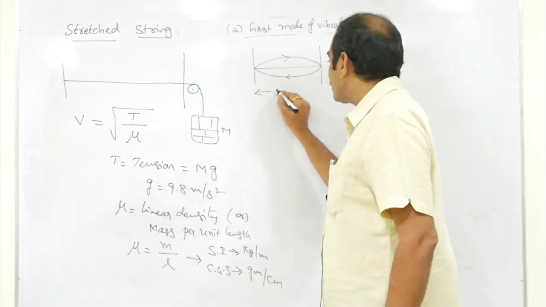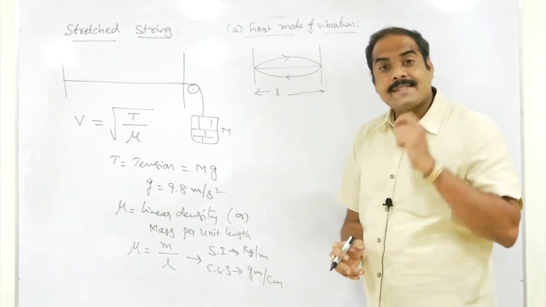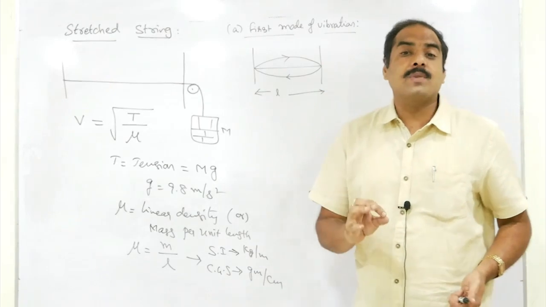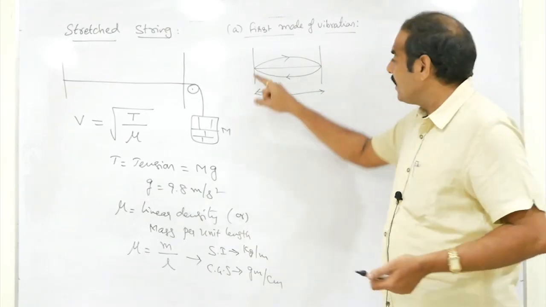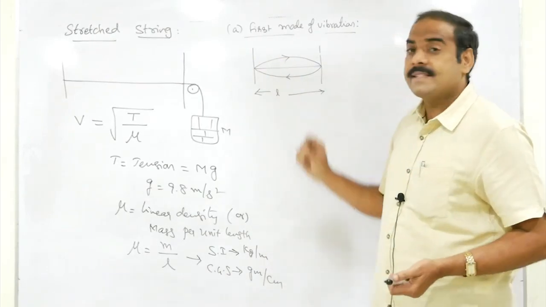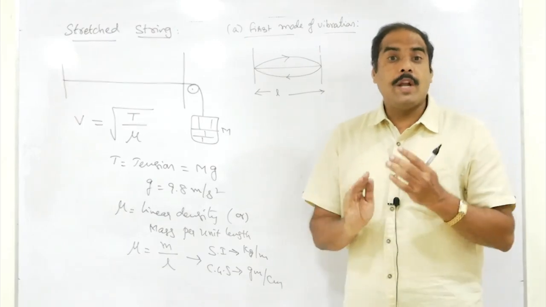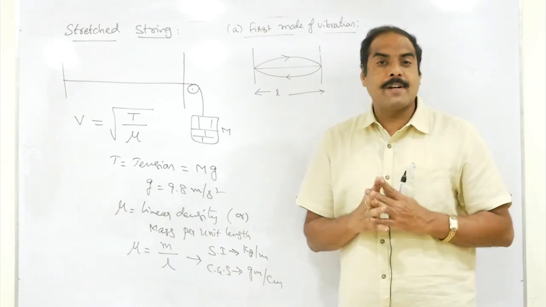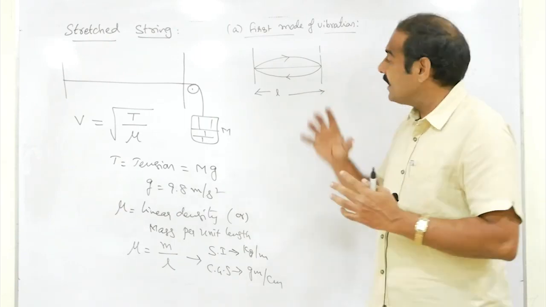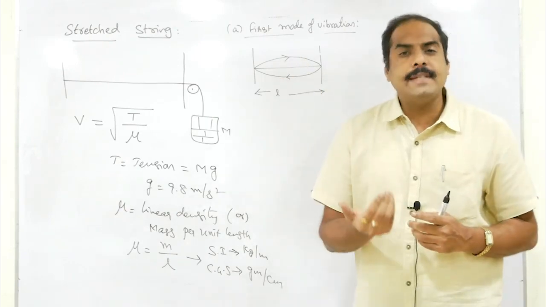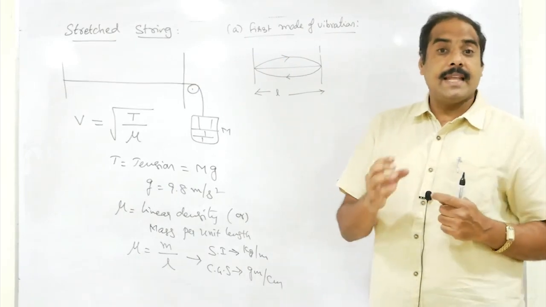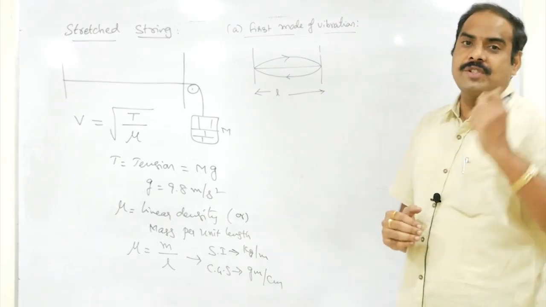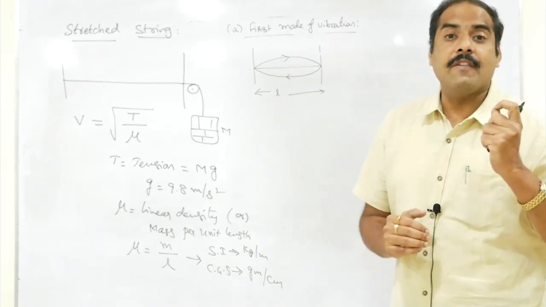Now what is the length of the string? Now, this is a transverse progressive wave. This is the original wave and this is the reflected wave. When two progressive waves of the same amplitude and same frequency, traveling in opposite directions, superimpose on each other, they produce a stationary wave or standing wave.